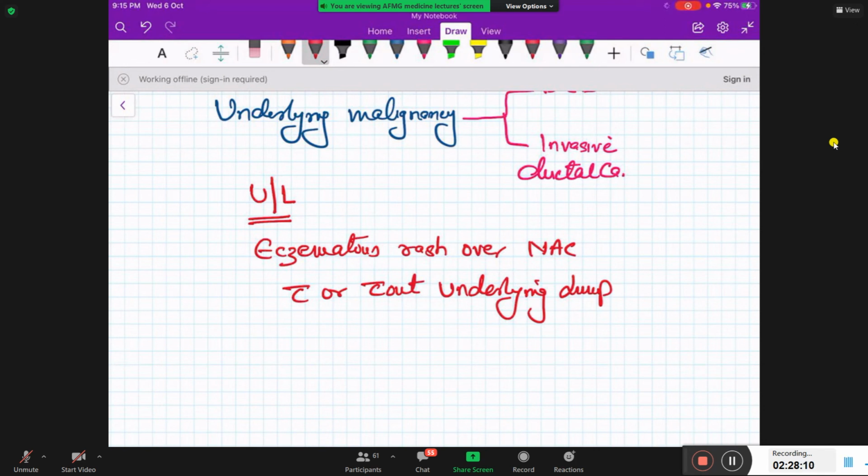They will come to you with a rash over a unilateral breast at the nipple areola complex. This is very classical.